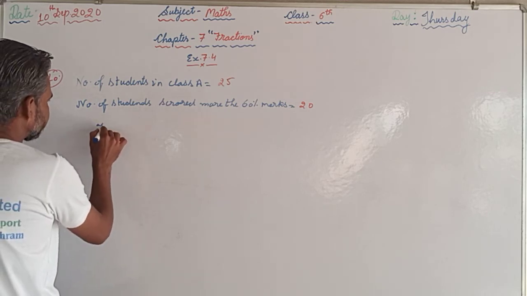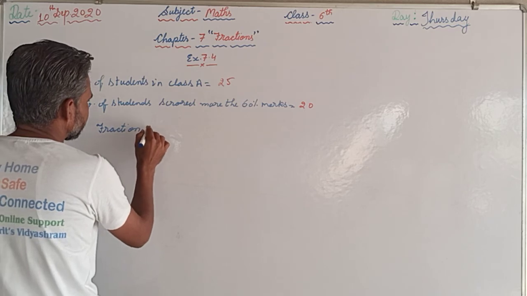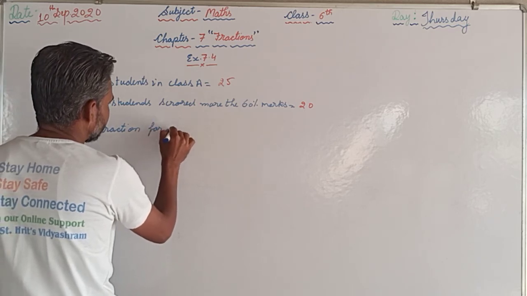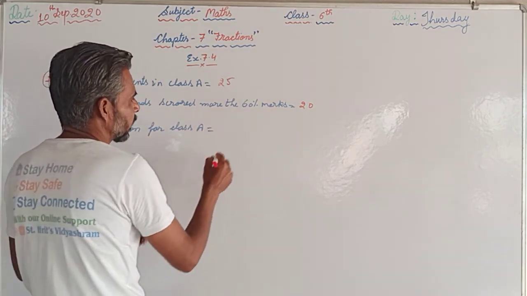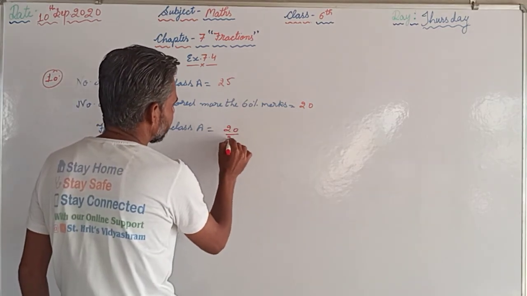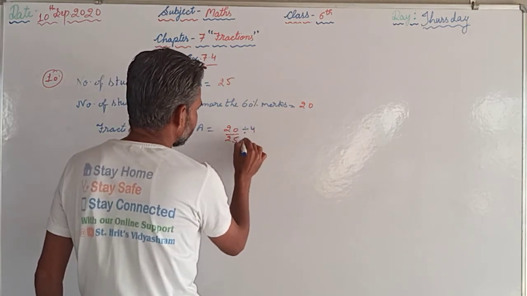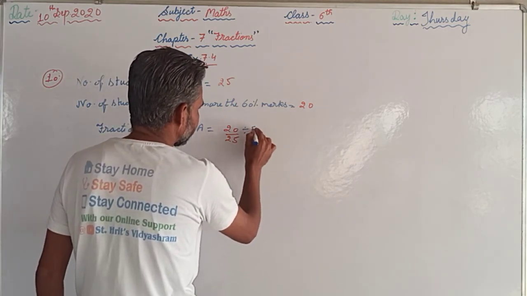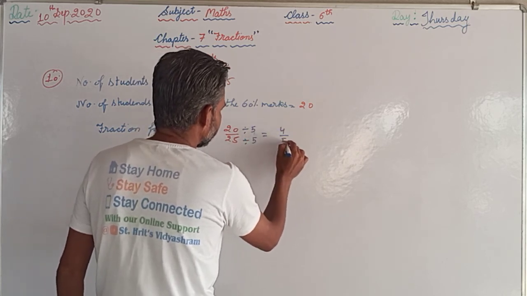Fraction for class A will be 20 upon 25. It can be divided by 5. 5 fours are 20 and 5 fives are 25.